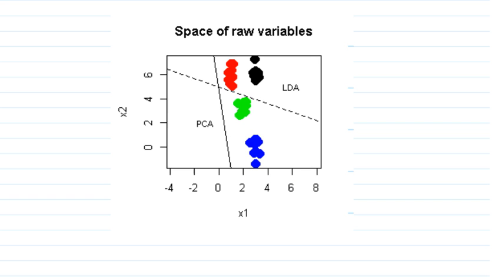Okay, to see how LDA does the rotation, if you look at the LDA, the axis of rotation is given by the dashed line. So if you make the projections of the red data points onto this dashed line, you get a projection here.